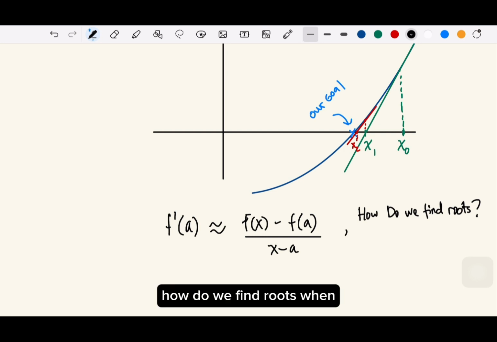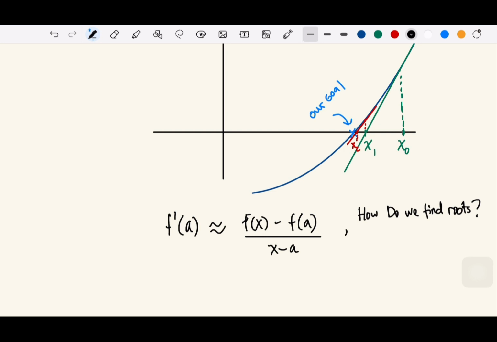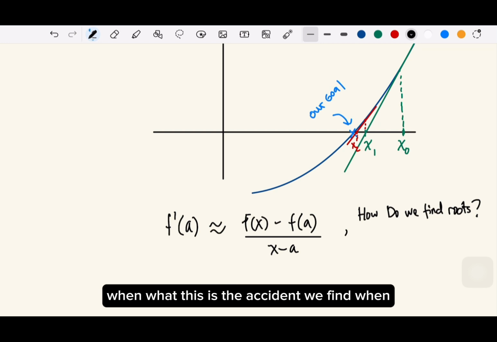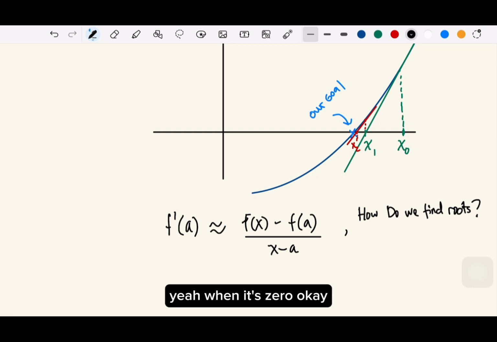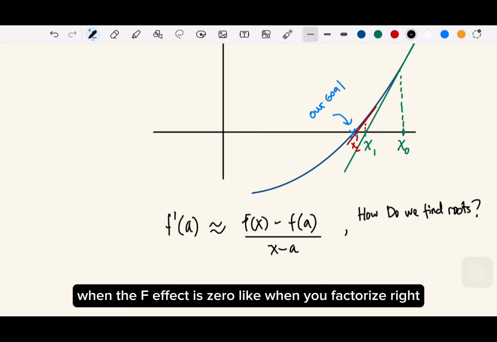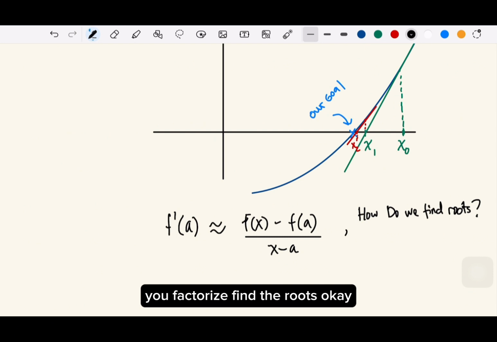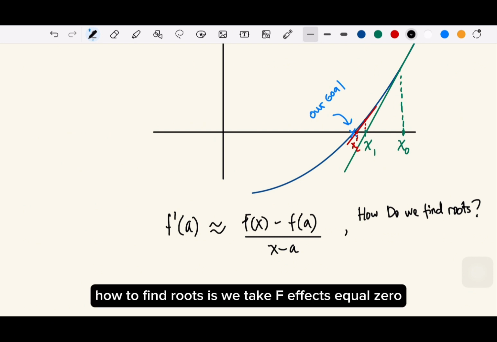This is the x-intercept. We find the roots when f of x is 0, like when you factorize, right? You factorize to find the roots. How to find roots is we take f of x equals 0.